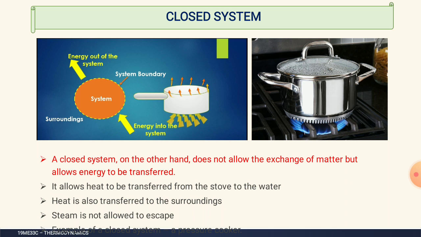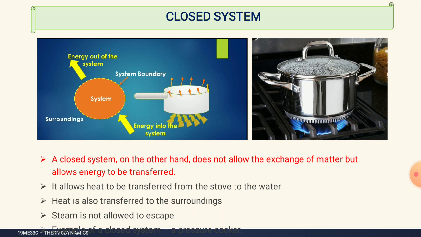But after a certain time the pressure increases, and due to the increase of pressure the top of the pan lifts slightly upwards. Then the steam escapes to the atmosphere. So at that particular instant we can fix the system as a closed system, and after that it changes to an open system.